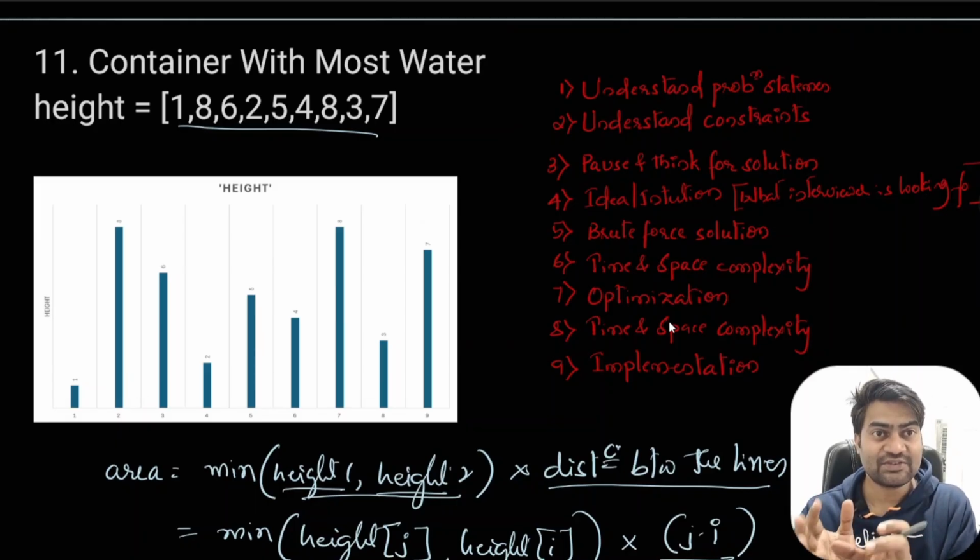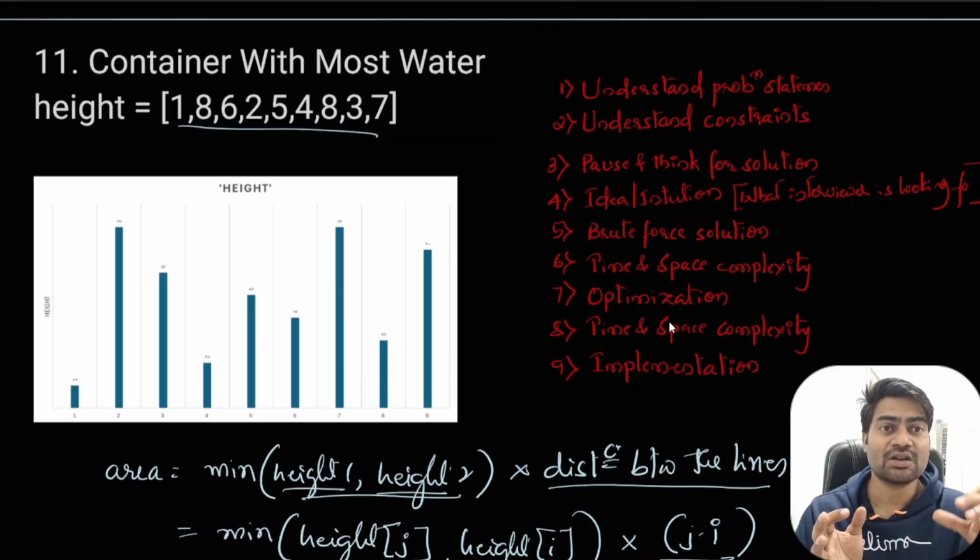If the left side is the lower value, I will increment the left pointer. If the right side value is lower, I'll decrement the right pointer. Why? I am trying to eliminate the lower height, because the lower height will always give you a lower area if you compare this with the remaining heights.